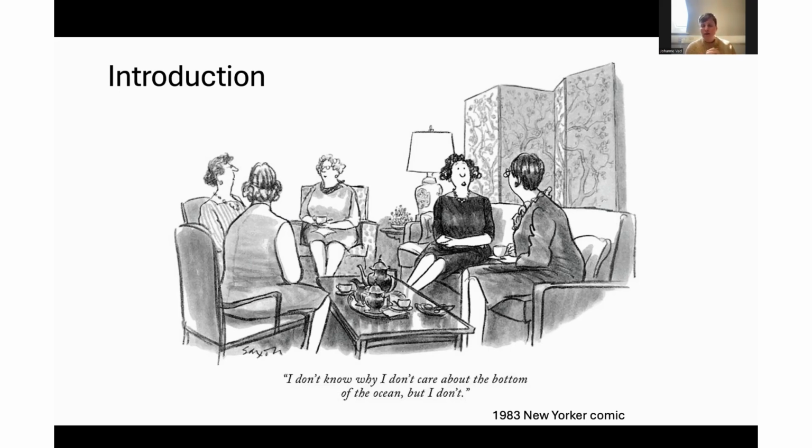And of course, this is not true. The deep sea delivers a huge range of ecosystem services and products to us. And so we really need to be, as scientists, better at communicating what the impacts of climate change on deep sea ecosystems are and why we should care.